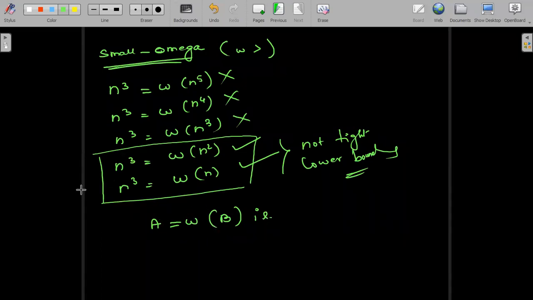Basically, when it goes to big O, we take that A algorithm is better, but here B algorithm is better. Where when it comes to small omega, this is enough for you people, no need to worry. Some more things we are going to see. Finally, theta. We will see this one, theta.